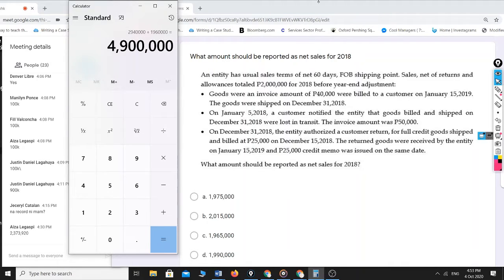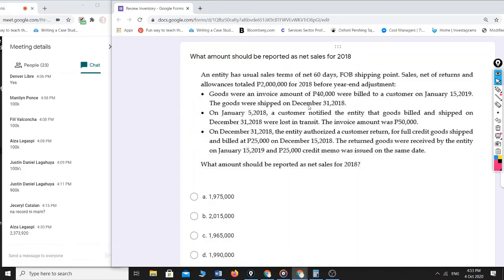May 3 items gihatag ang problem. So, goods were an invoice amount of 40,000. So, gibilled sa customer on January 15, but it was shipped on December 31, 2018.